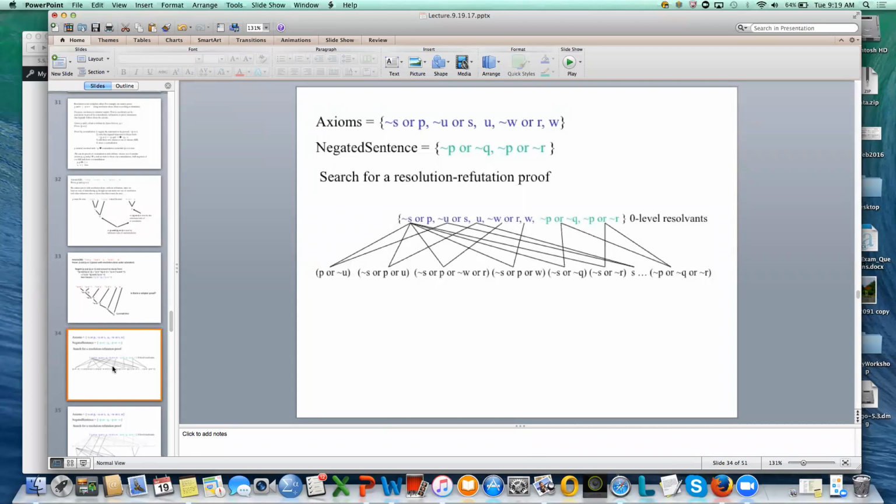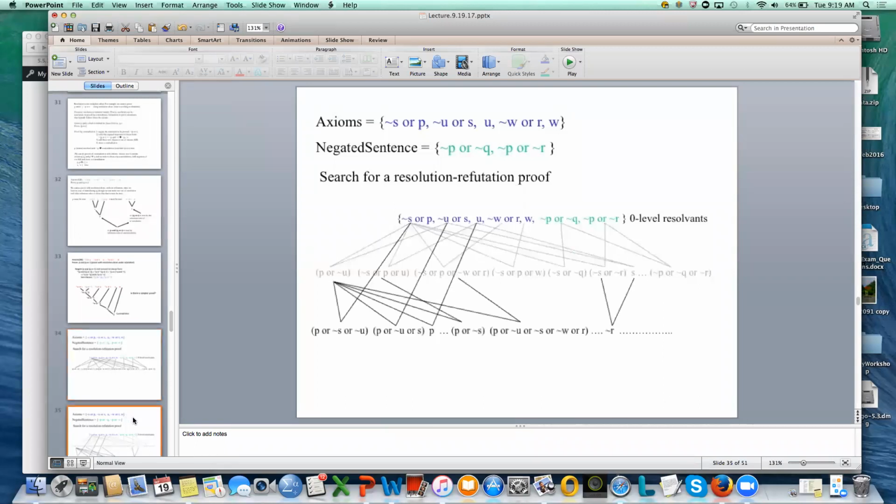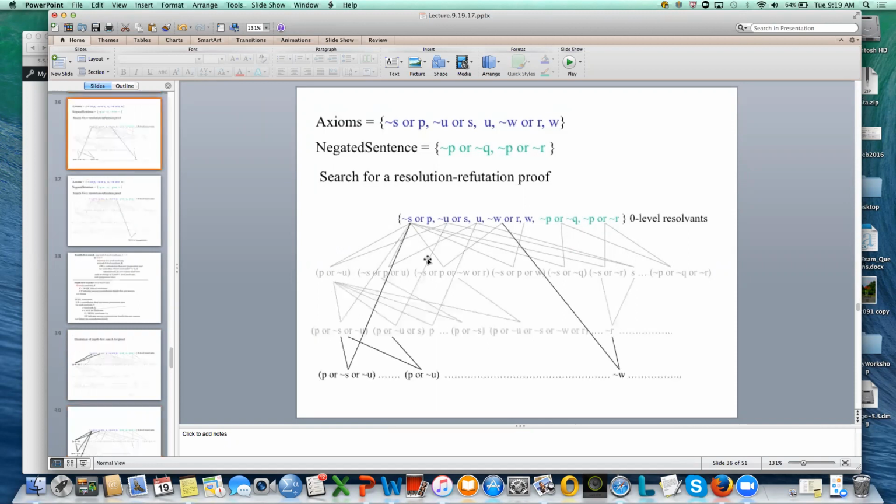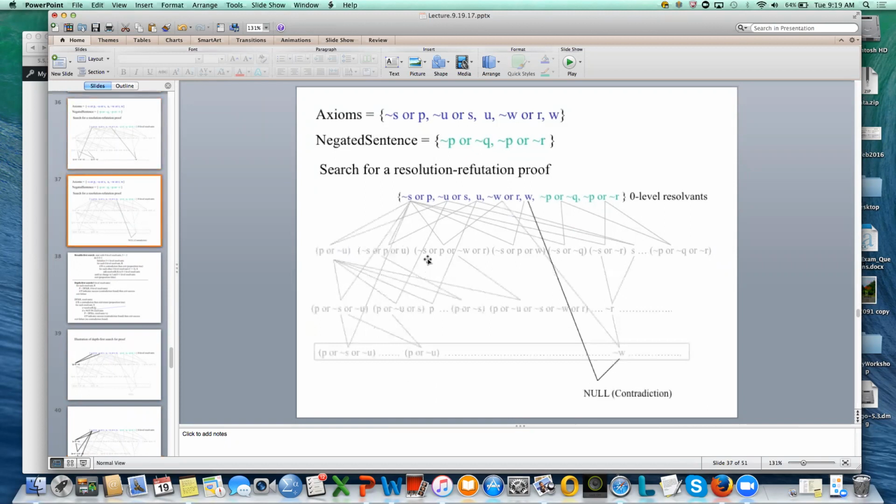But you can continue to do that in a breadth first manner at each level, not just resolving with the things at the same level, but potentially resolving with the things from earlier levels. After much search, very expensive search in this case, we would find a contradiction.